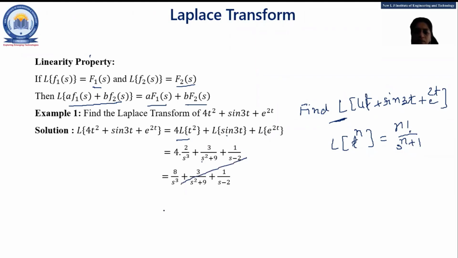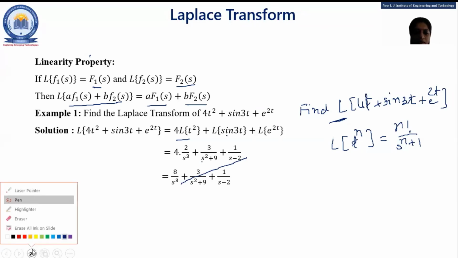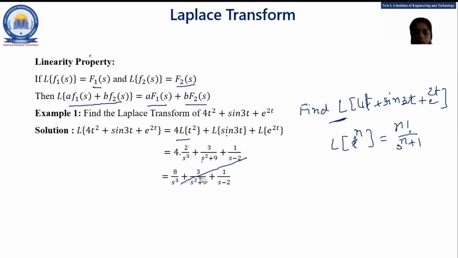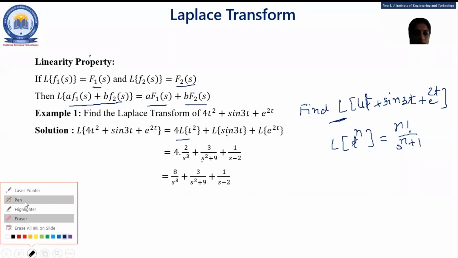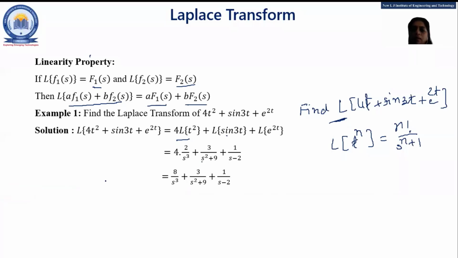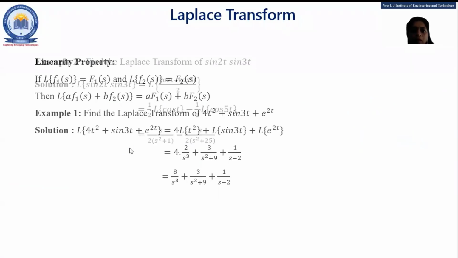After simplification, our final answer is 8 upon s cube plus 3 upon s square plus 9 plus 1 upon s minus 2. So any doubt, students, about this example? In this, we directly apply the Laplace formula.